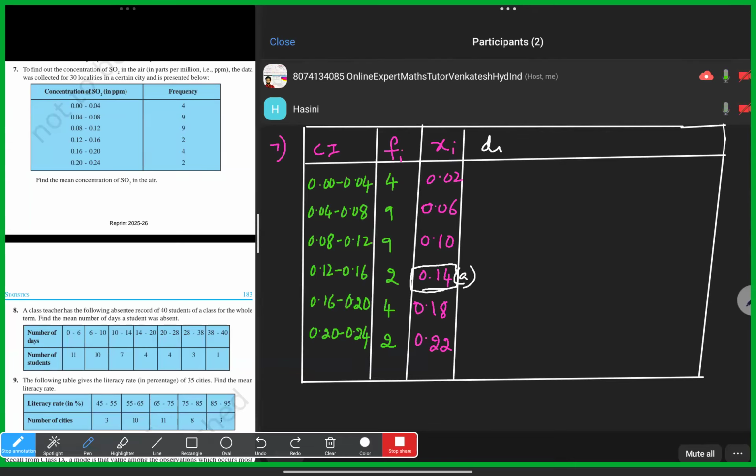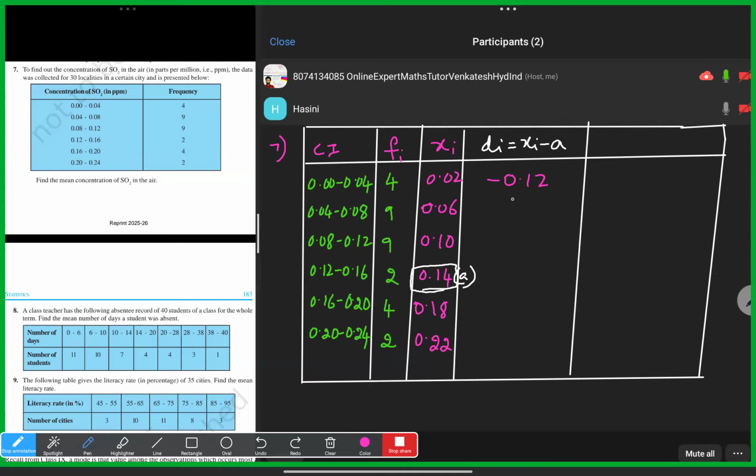Now I'm writing di is equal to xi minus A. So if I do xi minus A for every value, 0.02 minus 0.14 will become minus 0.12.